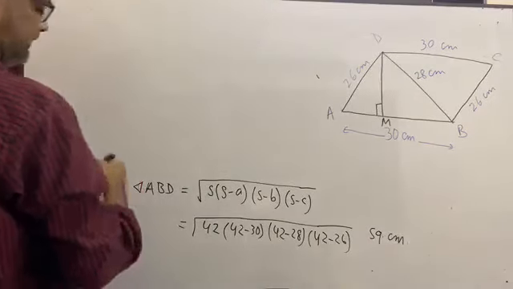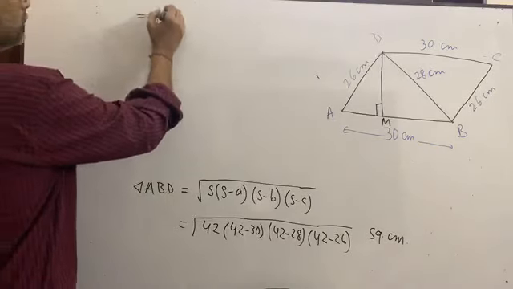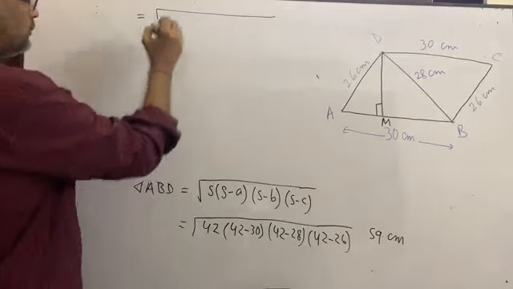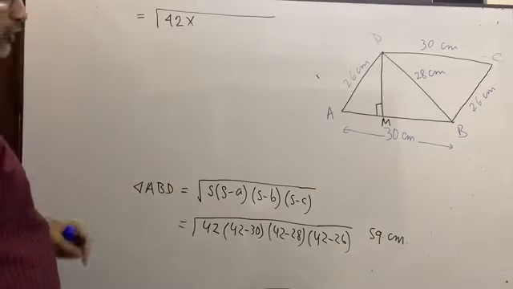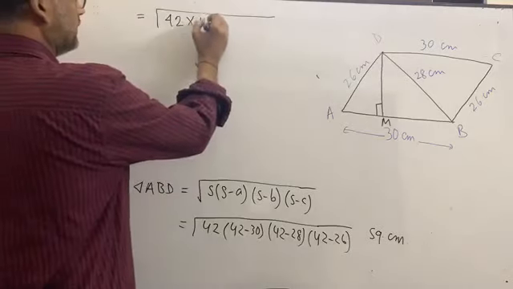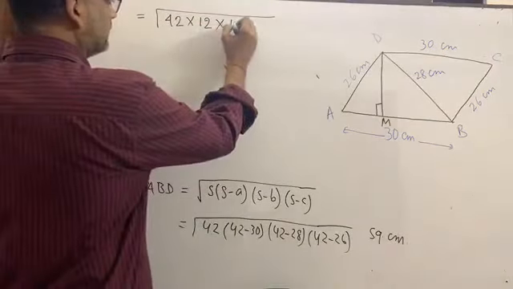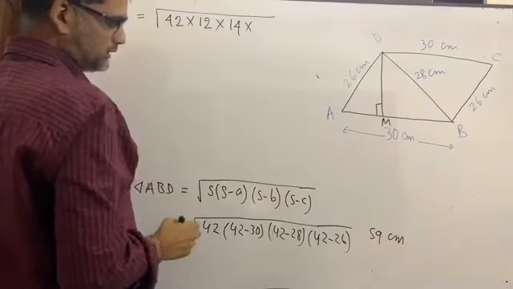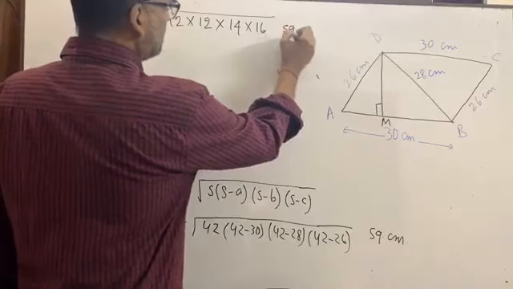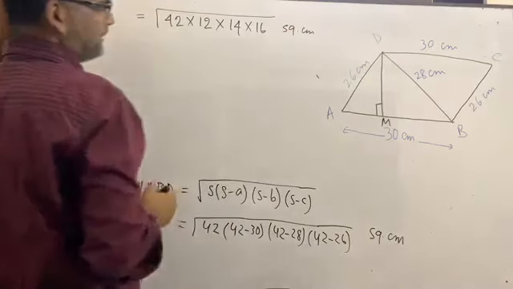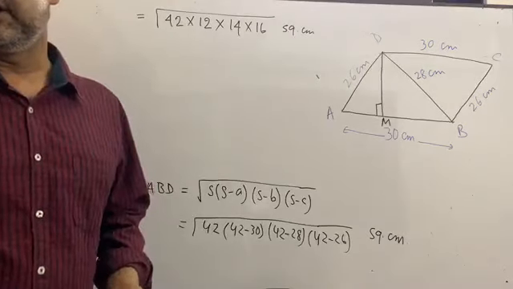Then we get area is equal to root over 42 into, what will be there, 12 into 14 into 16, square centimeter. Now please use the calculator to determine the area.